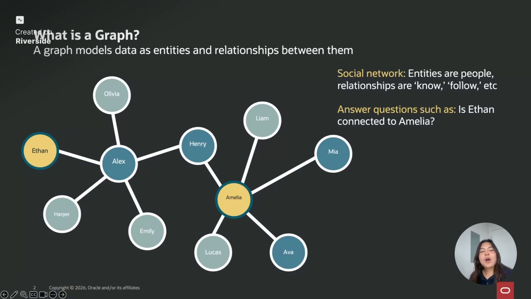We also have Henry, who, even though we might think he's not that important, is actually a very important person in our graph because he's building the bridge between two different communities, right? So he might also be considered an important person in our graph.